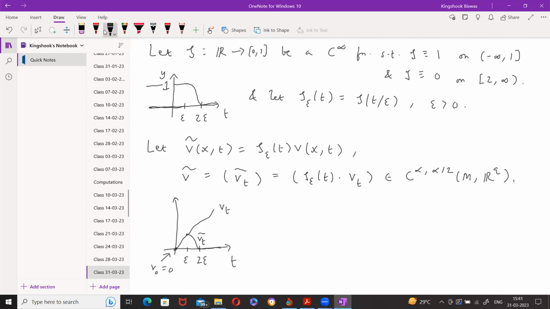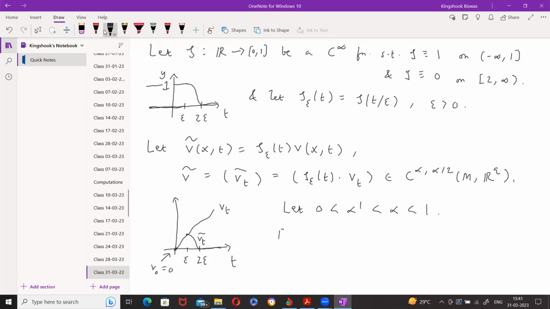Is the picture clear now? Yes, sir. So it follows Vt up to some time, and then after time 2 epsilon, it becomes 0. So the point is, what you might expect from this picture is that the Holder norm of this V tilde will be small if epsilon is small, right? Actually that happens if you do a small trick. Let alpha prime be a number strictly less than alpha.